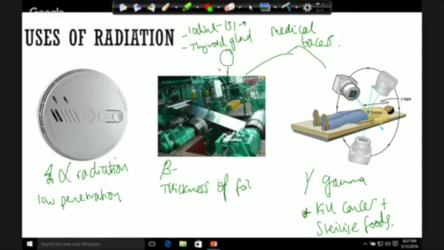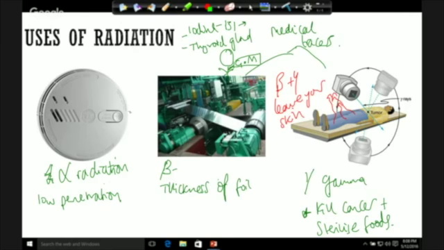Here, for example, they make you swallow it and use something called a Geiger counter or a Geiger-Müller tube to count the activity of that radiation. Now, this is really important. The reason why these two are good is because beta and gamma can leave your skin.